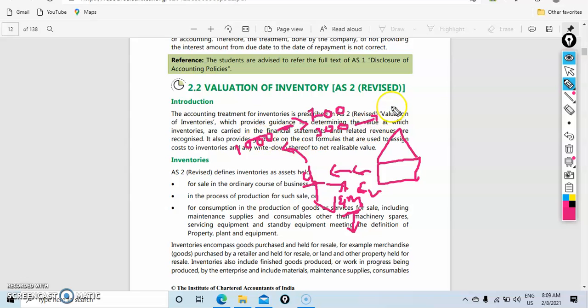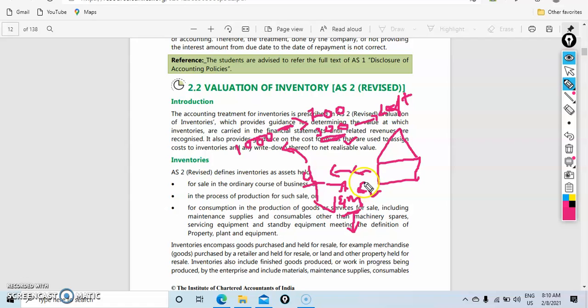The remaining 300 are left, and this 300 is unsold stock, which we call inventory. This is the closing stock of the business. For this valuation we will use AS2. So finished goods are inventory, the first one you understand.